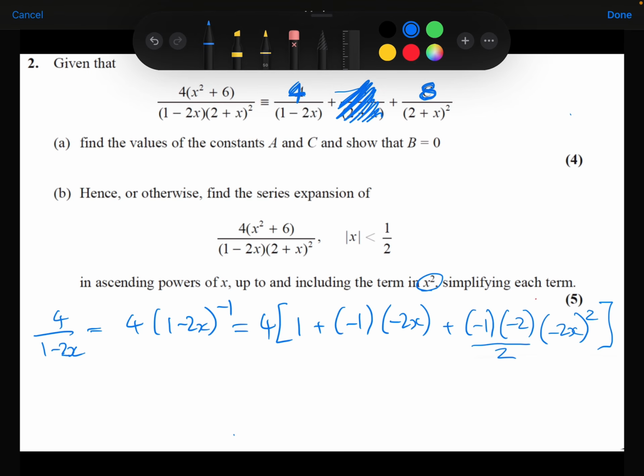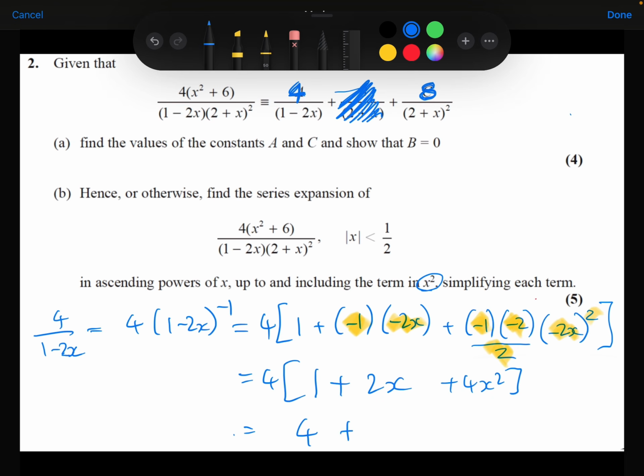Right, let's simplify that. Leave the 4 at the front for now. The 1 can stay as it is. Minus 1 times minus 2x is plus 2x. Minus 1 times minus 2 is plus 2, divided by 2 is just 1. And then the minus 2x squared is plus 4x squared.